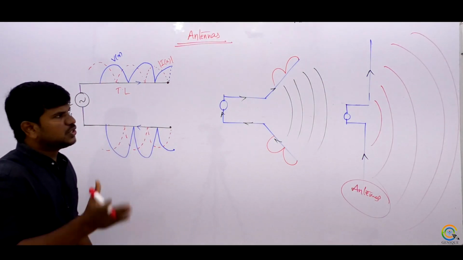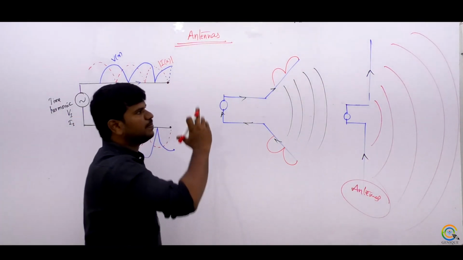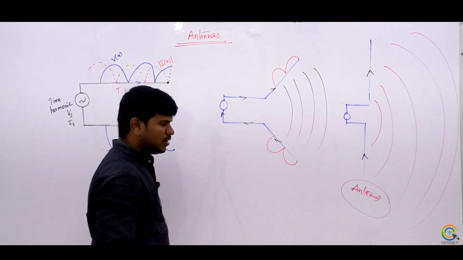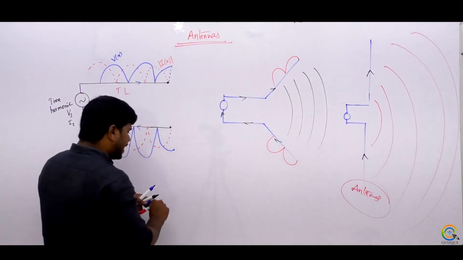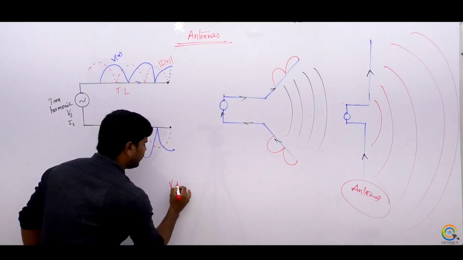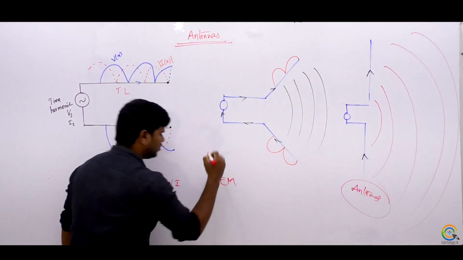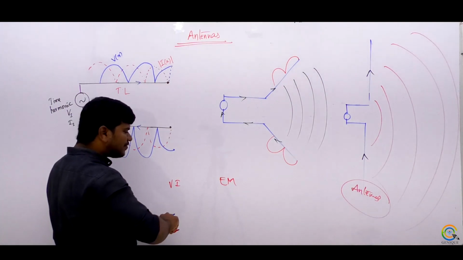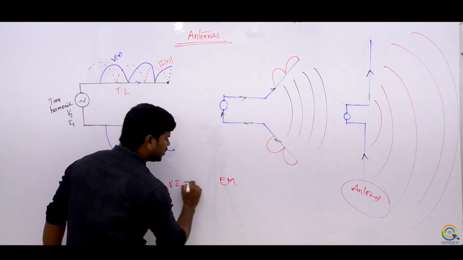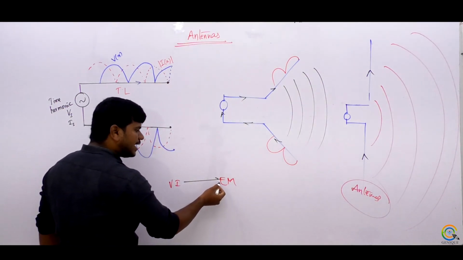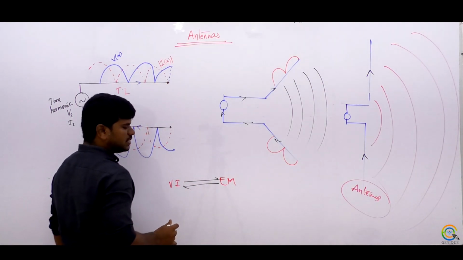Like this, the total induction and radiation process takes place. First the VI wave is converted into an EM wave, so it is a conversion process. VI waves are converted into EM waves, and again EM waves are converted into VI waves.